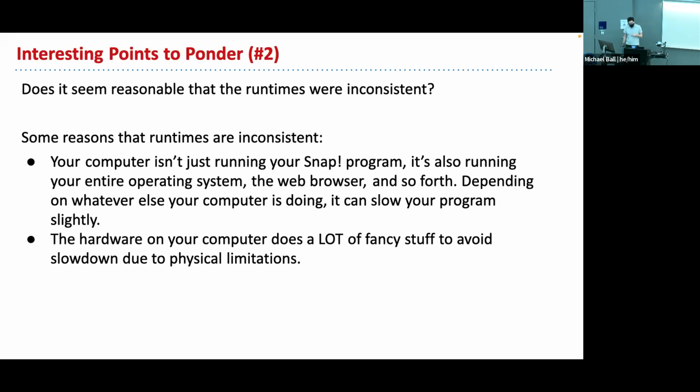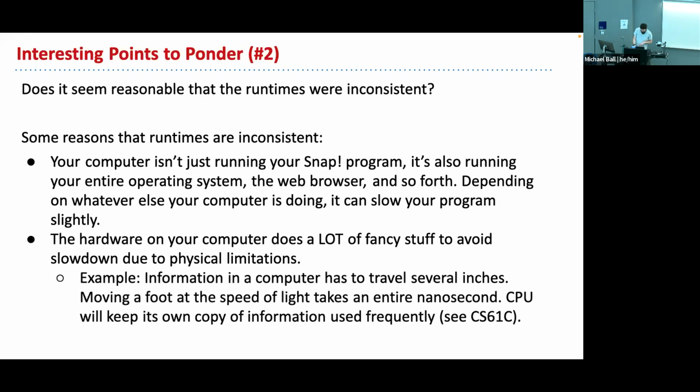Behind the scenes, your computer hardware is also doing a lot of work to hide some of these limitations, such that when you execute a Snap program, it seems like it's running right away, and when you have multiple applications running on your computer, they all run seamlessly. We don't really have to think about the fact that what a computer is really doing is switching tasks millions of times a second, as rapidly as it can.